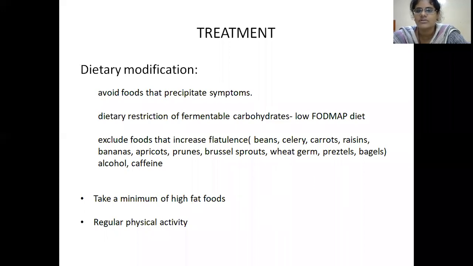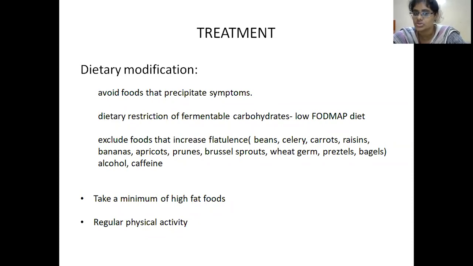Dietary restriction of fermentable carbohydrate, that is a low FODMAP diet. FODMAP means fermentable oligosaccharides, disaccharides, monosaccharides, and polyols. Exclude foods that increase flatulence like beans, celery, carrots, raisins, bananas, wheat germ, bagels.